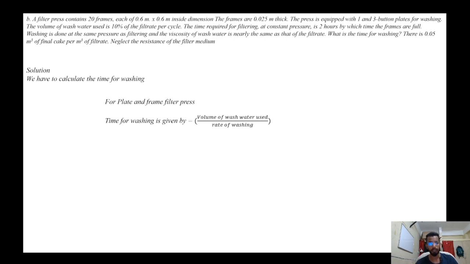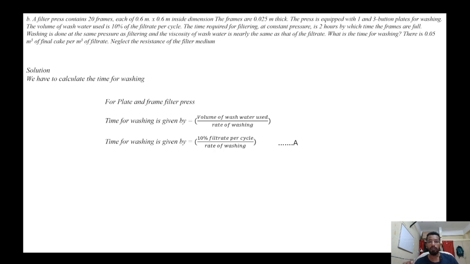This is the general formula for all kinds of filters, but for the plate and frame filter press the rate of washing changes. So we will see later.